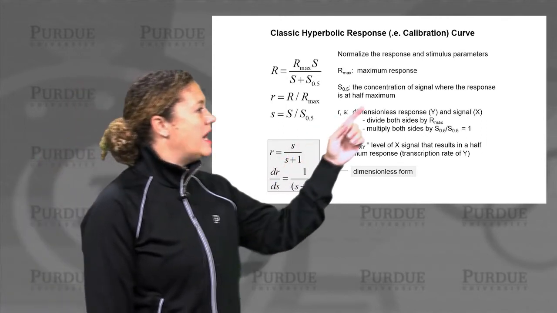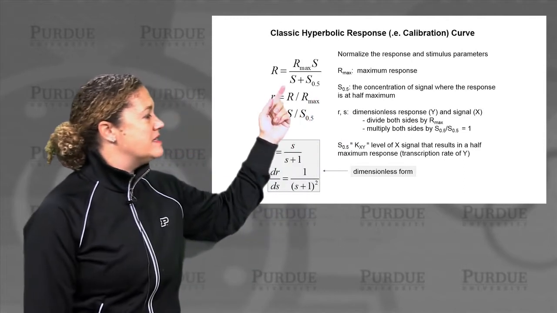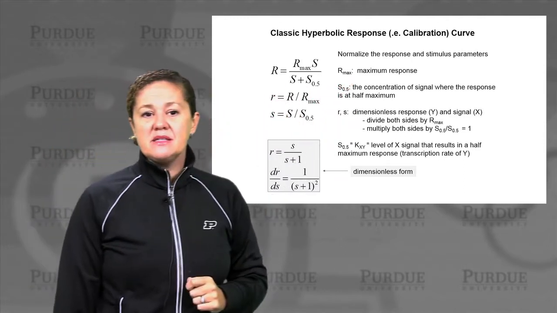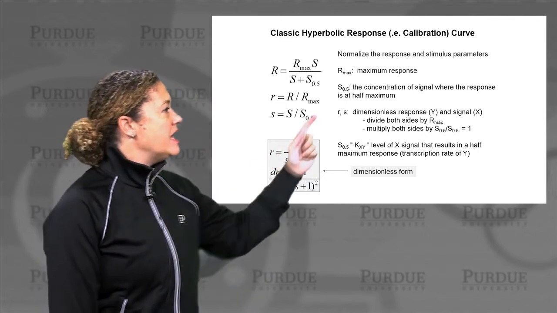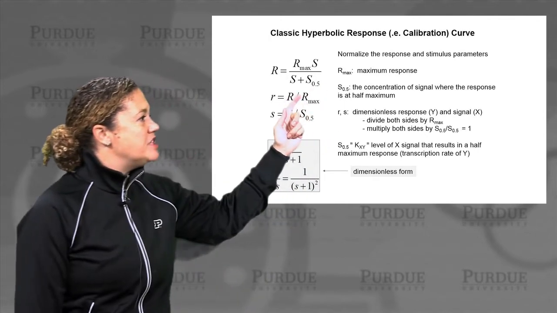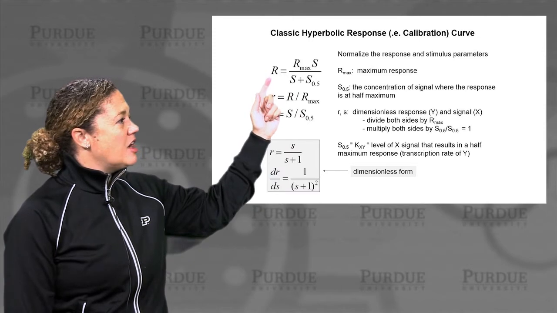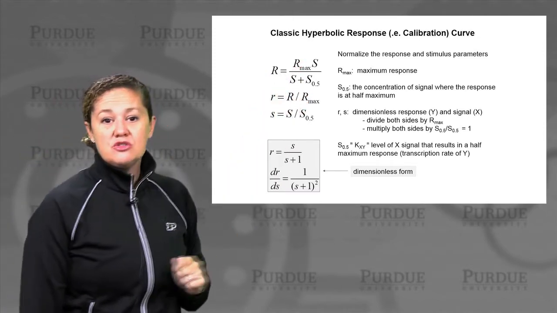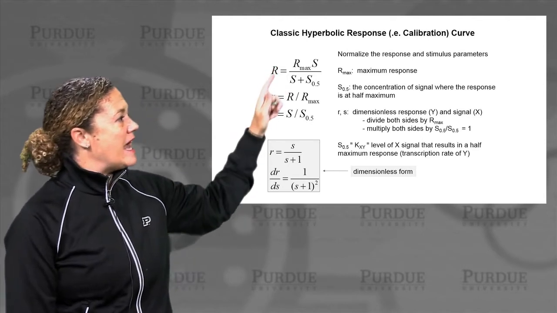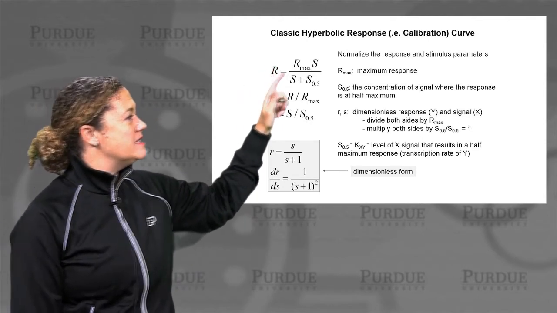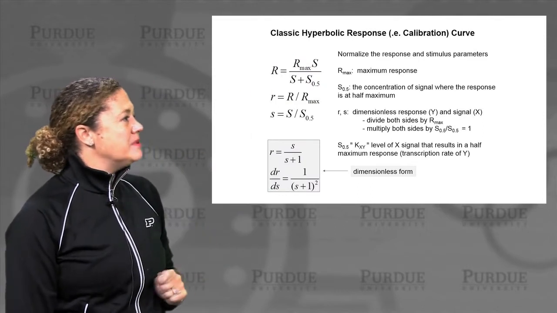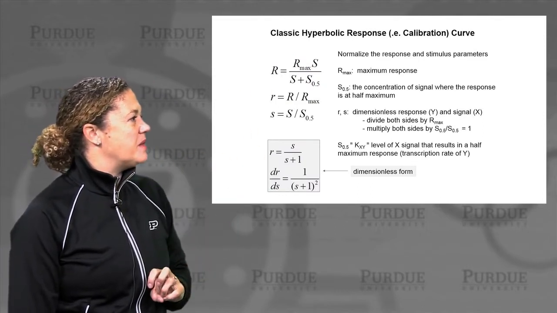We're going to normalize our response signal relative to the maximum possible signal. So here in our Hill function, I've just subbed in our response R for some maximum response transcription rate. So this would be what our actual production rate is, and this would be what our maximum is. And I've just subbed in for response and signal into our Hill function here.